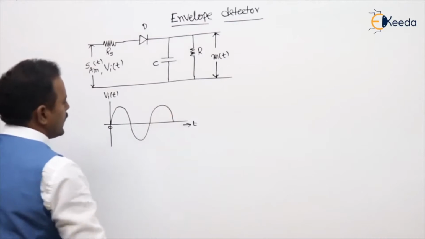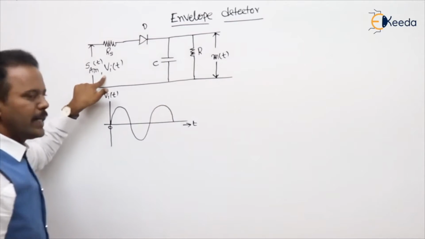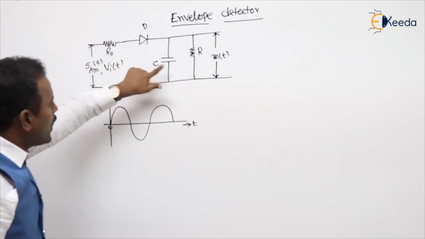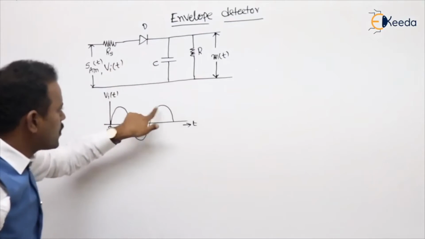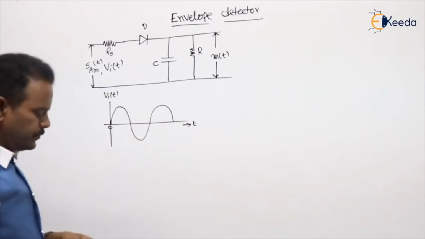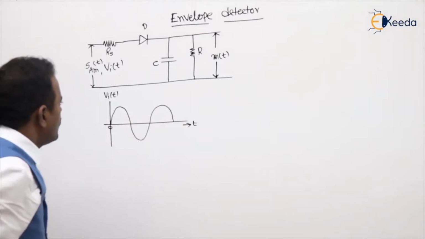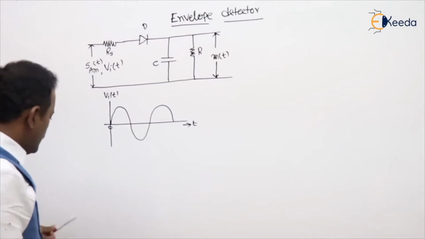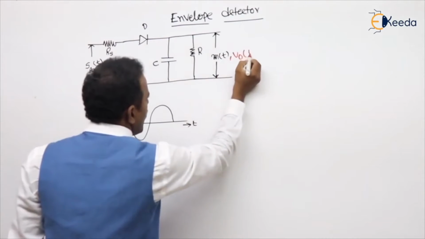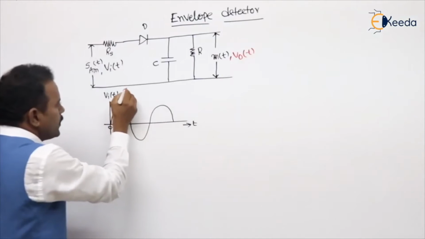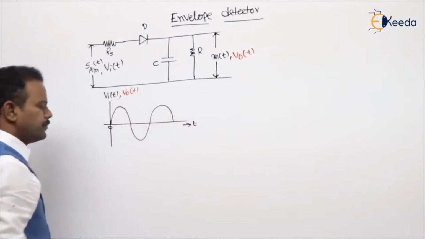I am applying this at the input of the envelope detector. And what should the output of the envelope detector be? The output should be these positive peaks only. Here itself, the output waveform V0 I will write in the same graph. You will get clarity over that.